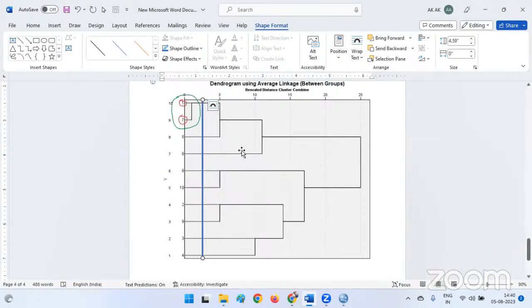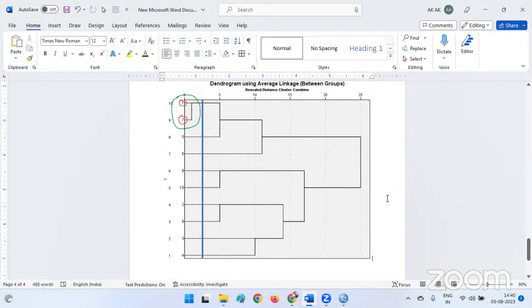So this is a blue color. Lines we will take up in blue color. There is only one cluster. No data points are meeting. The data points are meeting here, here, here, and they are making a kind of a rectangle.